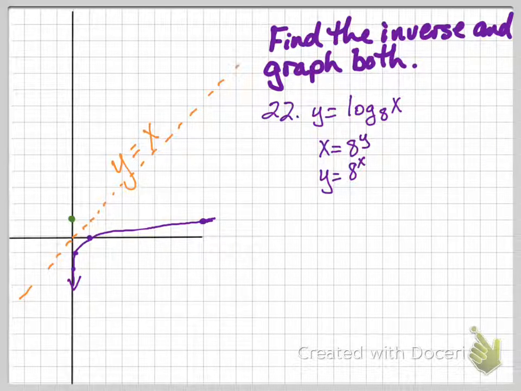When we have (1, 8), we have (8, 1). When we have (8, 1), we have (1, 8). And then we have 1/8 and 1/64. Alright, and that's what our graphs look like. That's the inverse graph for that.